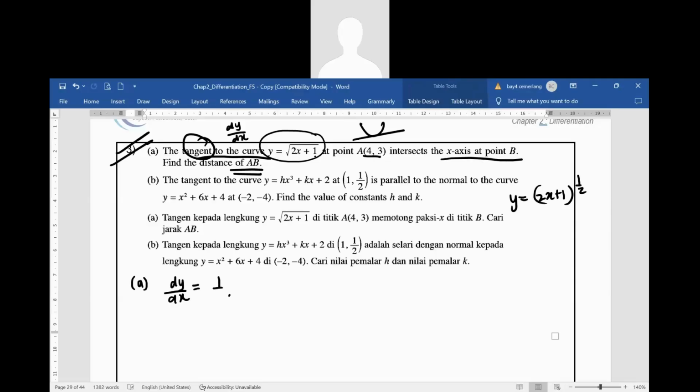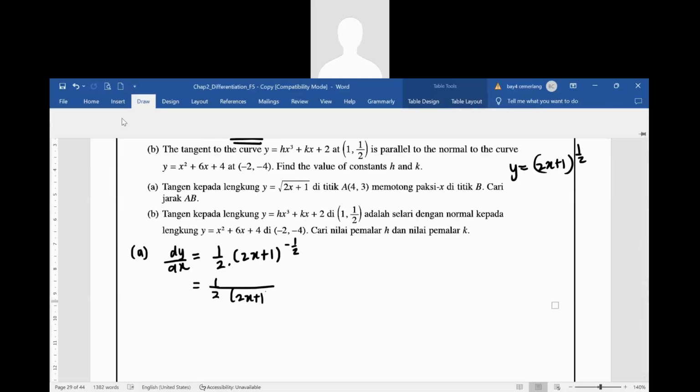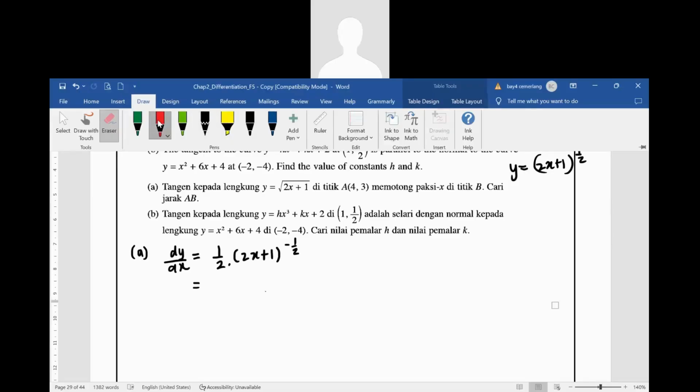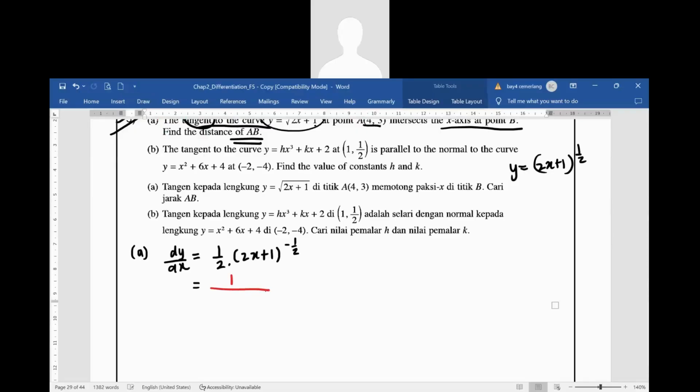So, when you differentiate this, you get (2x plus 1) to the power negative 1 over 2. Wait, let me write properly first. It will become like this. 1 over 2 to the power negative 1 over 2; moving it down, the power becomes positive 1 over 2. So, it is the square root of 2x plus 1. Okay, this is its dy/dx.